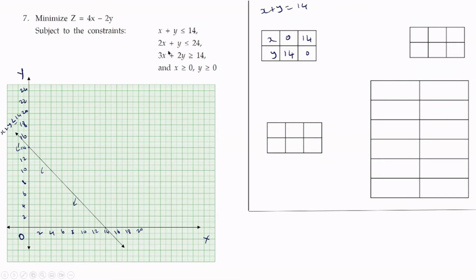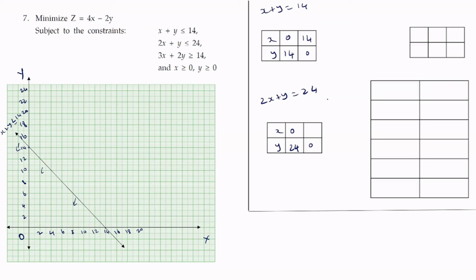Next we have the next inequality, 2x plus y less than or equal to 24. So let us draw the line corresponding to 2x plus y equal to 24. When x is 0, this part will be 0, y will be 24.